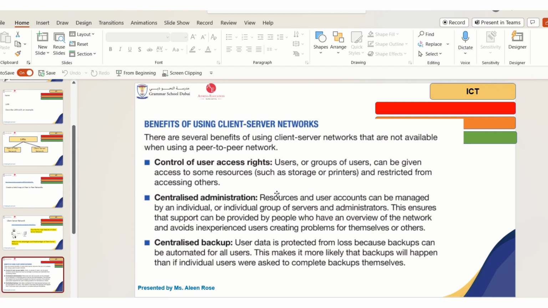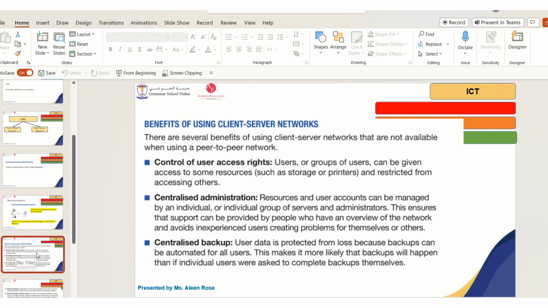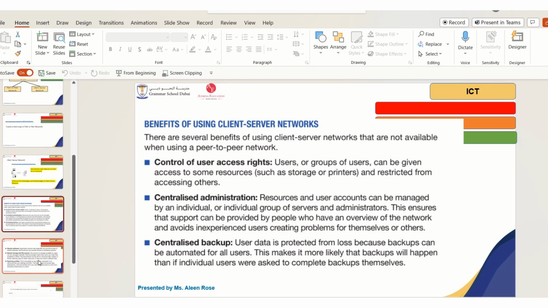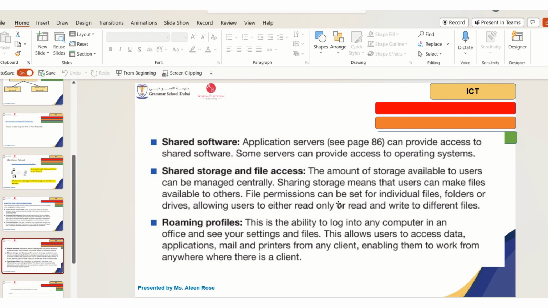Centralized backup, each system need not worry about storage, the backup is done by the server. These are the advantages of using a client-server network. Now we have shared software. You don't have to install all the software on your individual system. The server provides the software.